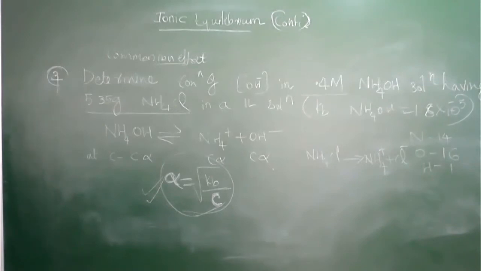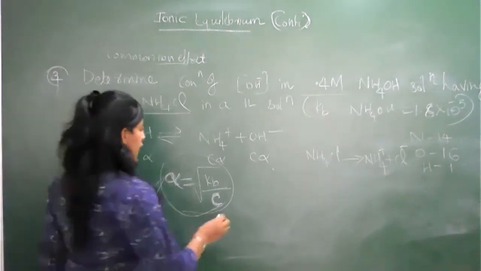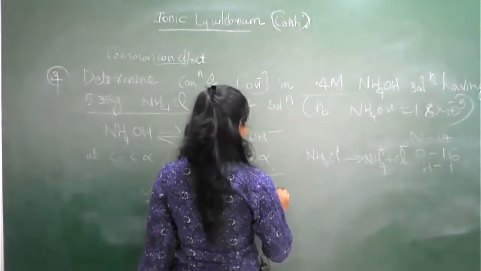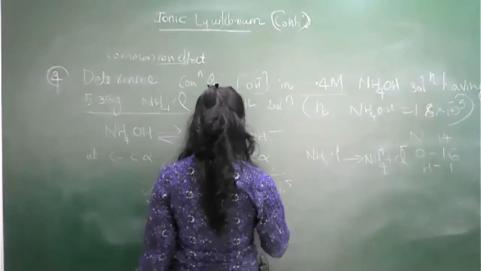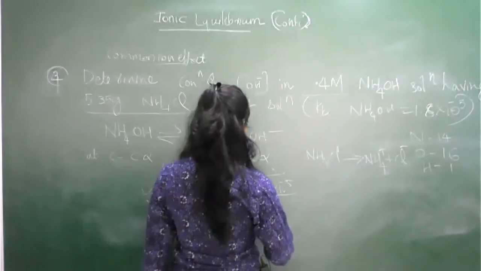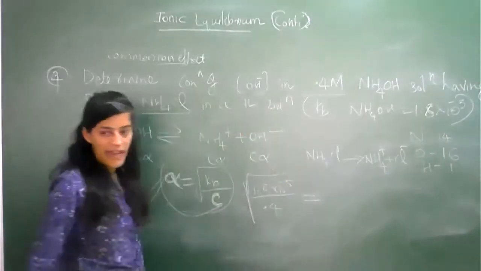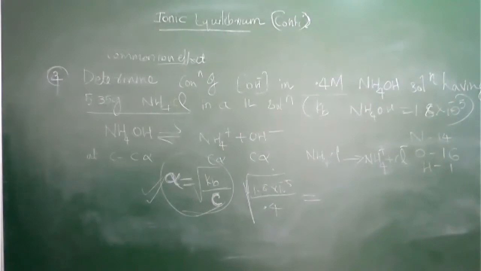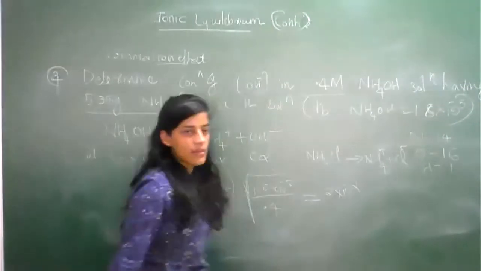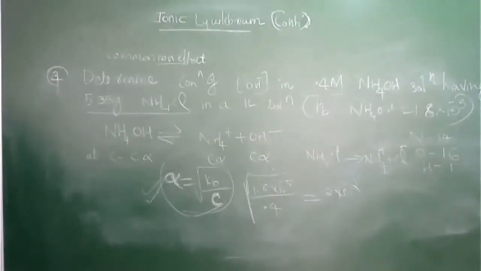So I will help you. Under root now, that's why 1.8 into 10 to the power minus 5, all divided by C. Concentration is 0.4. It's a value around 2 into 10 to the power minus 2, like this, 0.02. Then alpha.